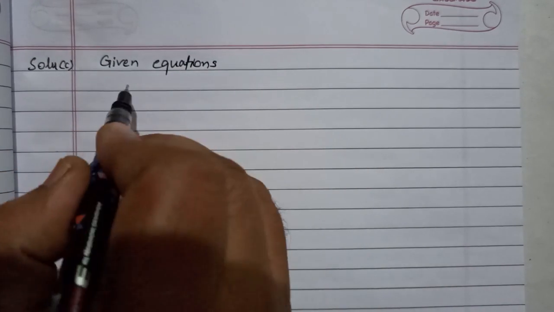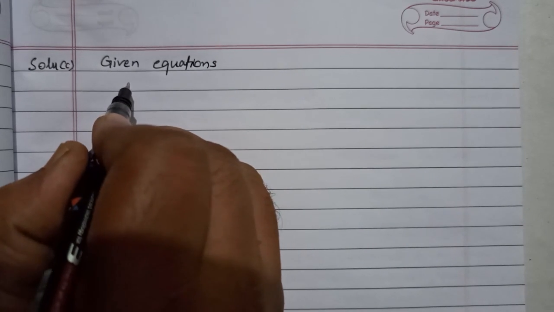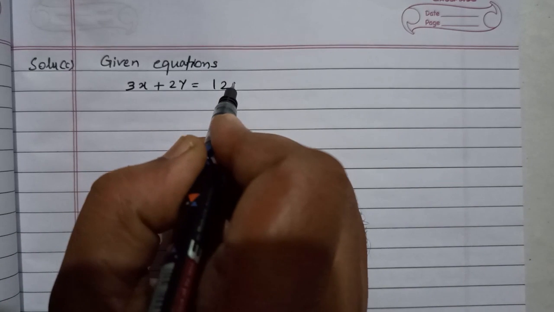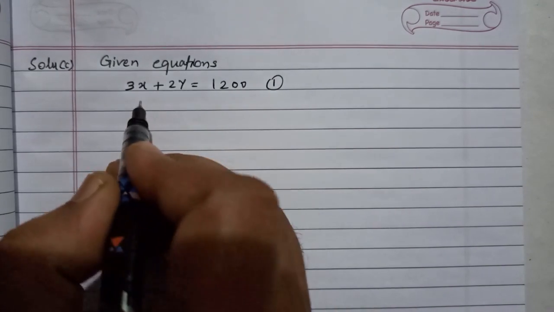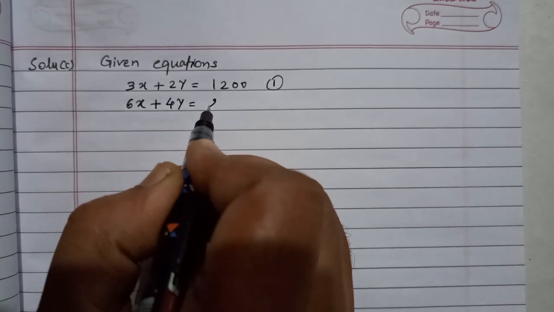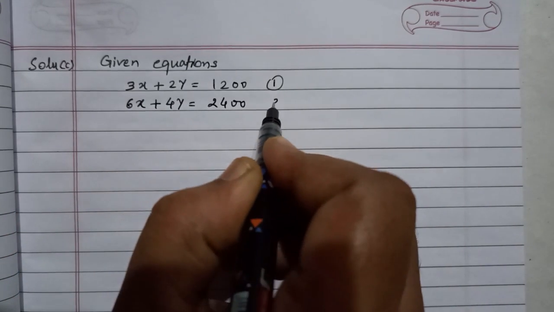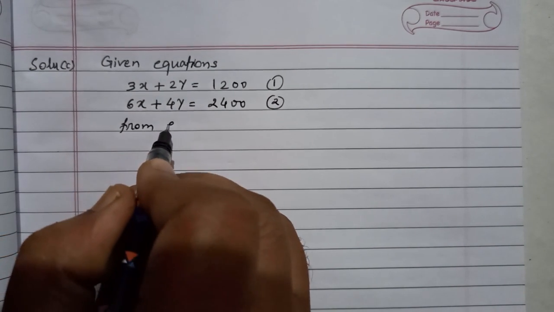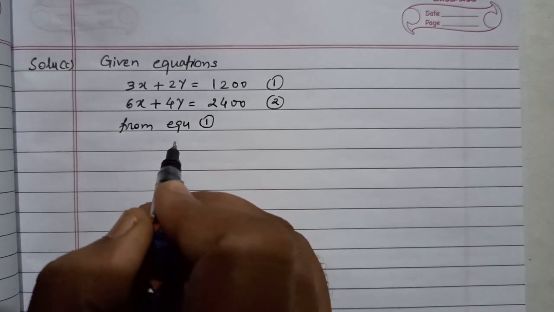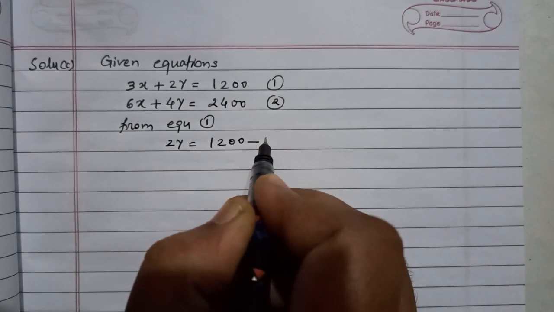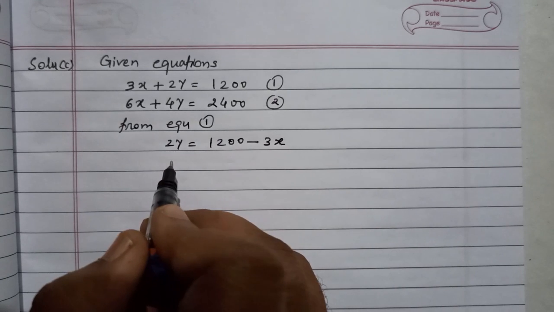Given equations 3x plus 2y is equal to 1200, equation 1. 6x plus 4y equal to 2400, equation 2. From equation 1, 2y equal to 1200 minus 3x.